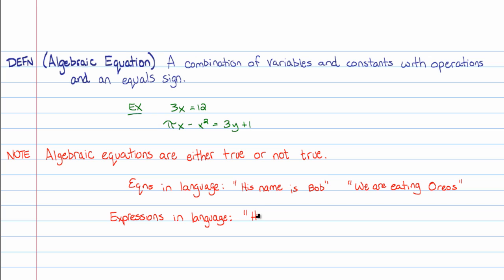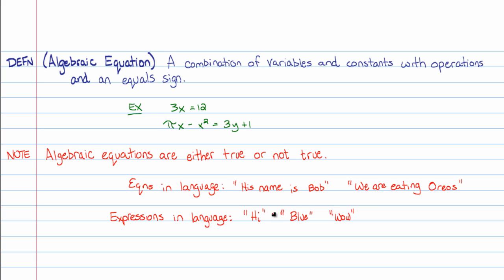So an expression in English is like hi, or blue, or I don't know, pretty much anything. Wow. These are things that you state, but it's not like somebody says, oh, that person said wow, I wonder if that's true or not true. There's no truth or untruth to it. It just is what it is.